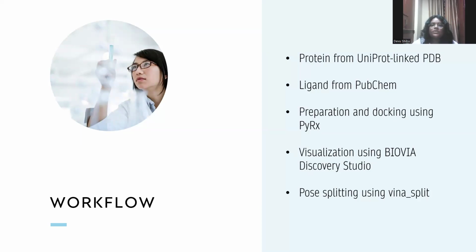The initial preparation of the protein was done in BIOVIA Discovery Studio, where I uploaded the protein and removed all the unwanted water molecules, het atoms, and unwanted protein subunits, and then saved it as a PDB file.